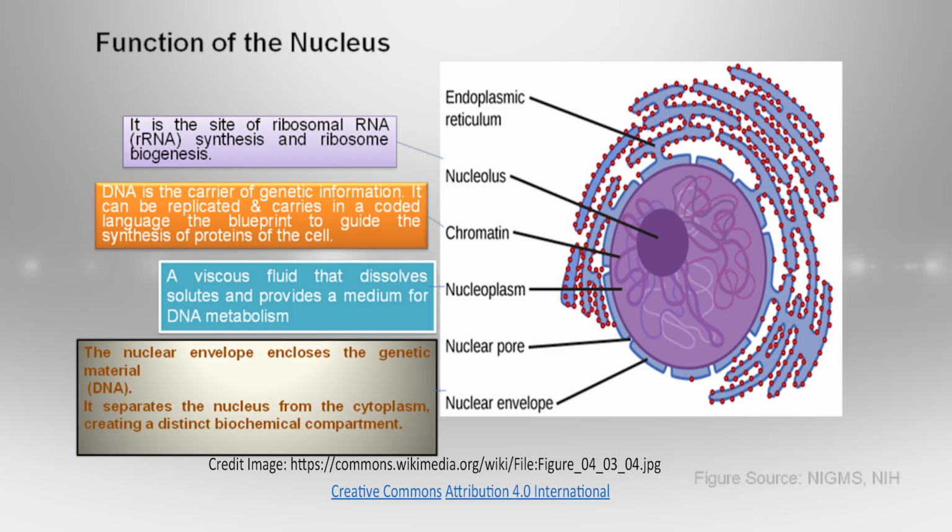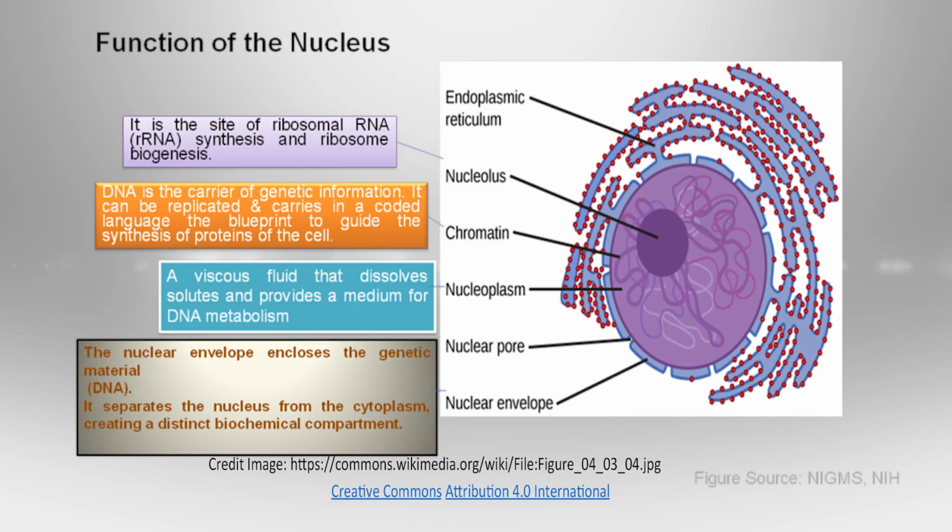Now, you know the nucleus is the control center of the cell, so it controls all the activities of the cell. Basically, all the genetic information has the codes for protein synthesis. So the DNA is the major information center of the cell, and the nucleolus is the nuclear body.